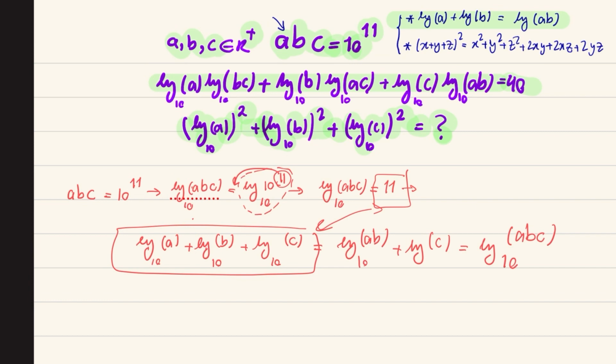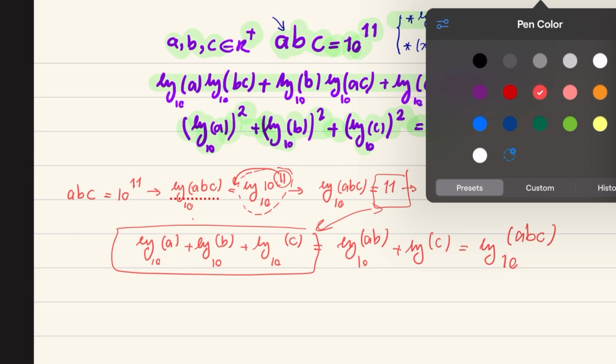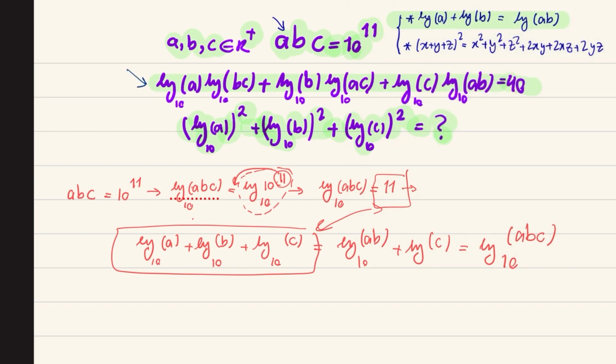If you take a look at this expression, we can simplify this a little bit more. Before I continue, I'm just going to skip log 10 for the rest of this video to simplify the notation. So log a times, because we have log b times c here, we can write it like this: log b plus log c.